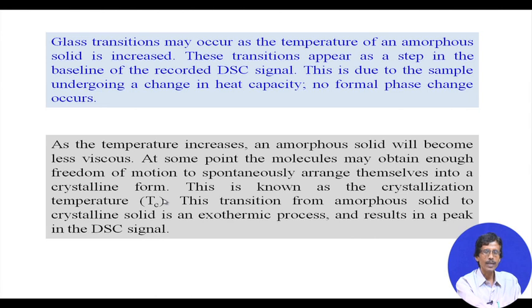So, if it is less viscous, that means viscosity is decreasing at Tg, the glass transition temperature. You have more freedom of movement of the molecules, and this temperature is responsible for the crystallization of the molten species, as we grow crystals from solutions.